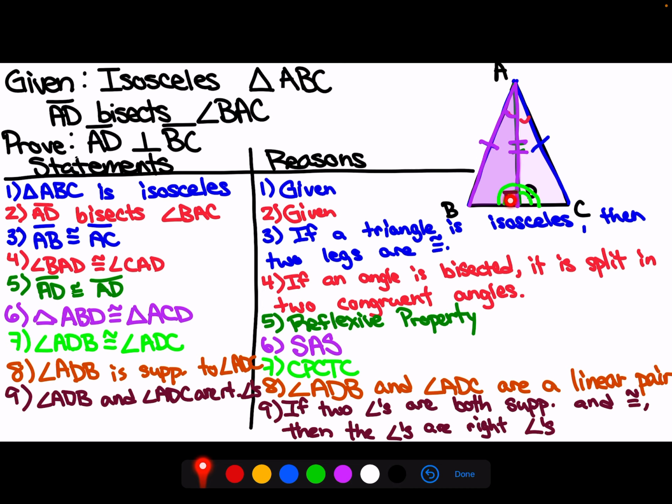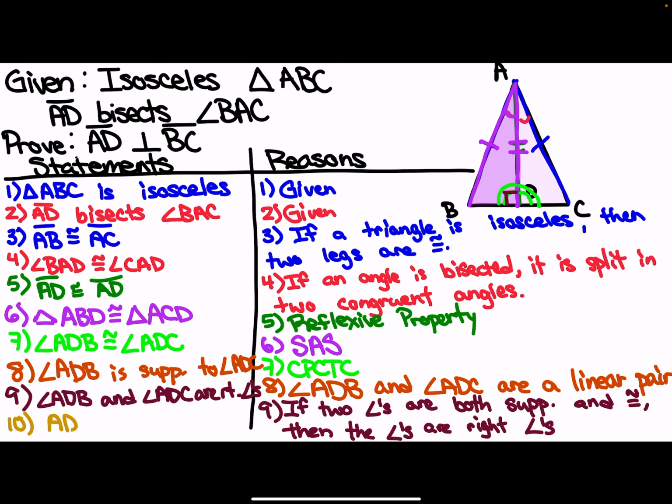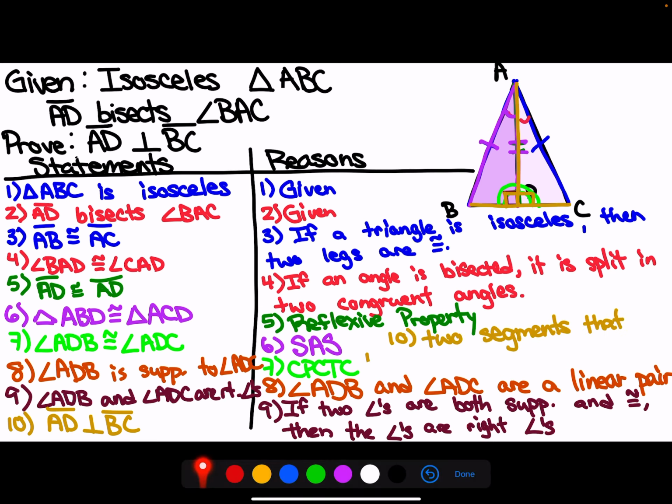Well, if this is a right angle, that would mean that these two segments are perpendicular to each other because they intersect at 90 degrees. So I can therefore say AD is perpendicular to BC because two segments that intersect at 90 degrees are perpendicular to each other. And with that, this proof is finished.